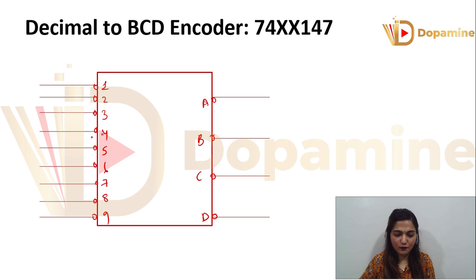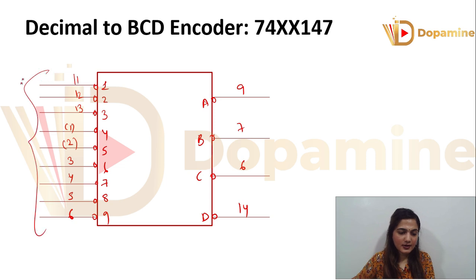So the input 1 is connected to the pin number 11, and so on, with inputs 4, 5, 6 going to pins 1, 2, 3, up till the input 9. Then we have the outputs on pins 9, 7, 6 and 14. So this is how we have the pin structure.